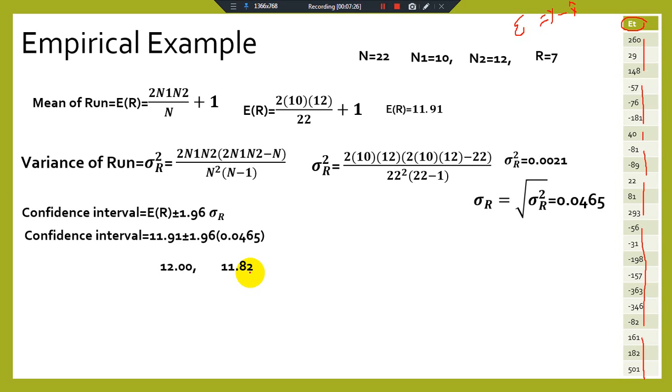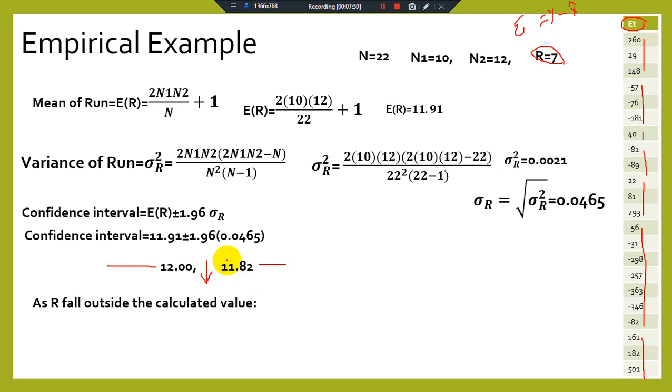Now we can see that our number of runs does not lie between the calculated values. If our runs do not lie between the calculated values, we can conclude that they fall outside the interval. It may be less than that or greater than that, and we cannot accept the null hypothesis.